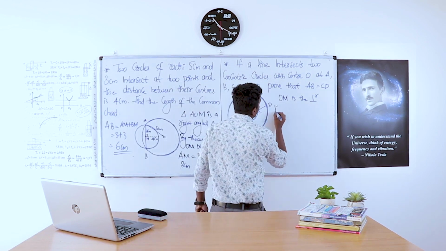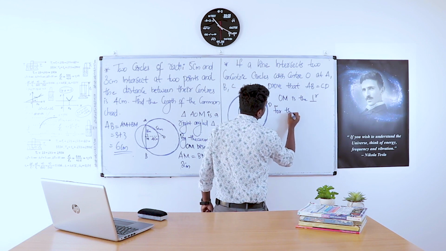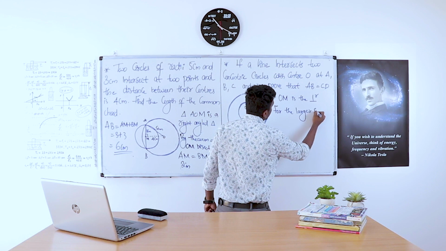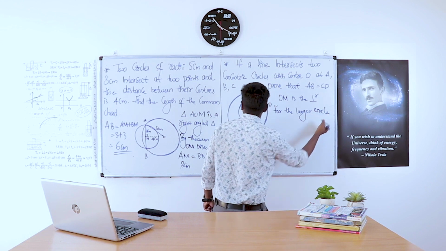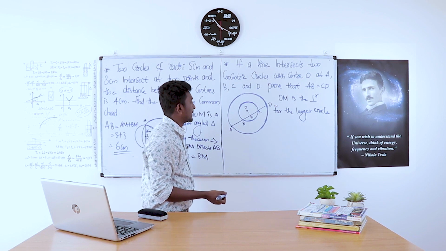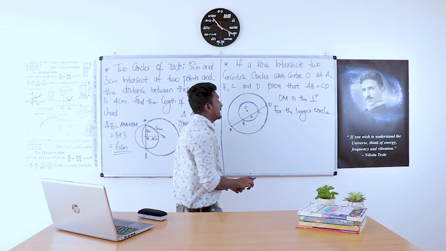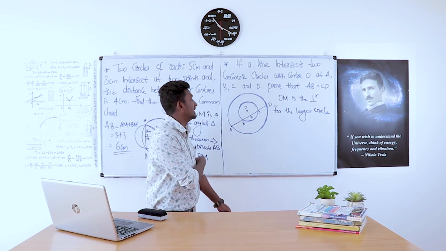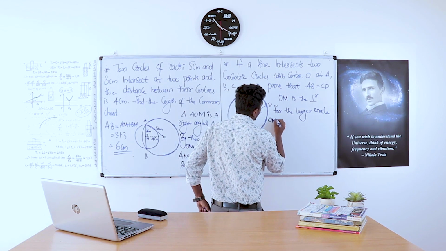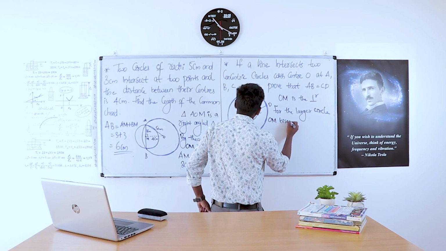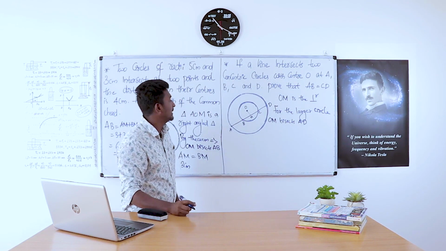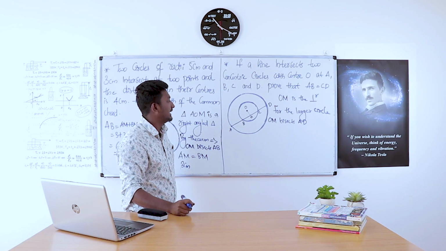So, for the larger circle, AD is the chord and OM is the perpendicular. Then OM bisects AD.